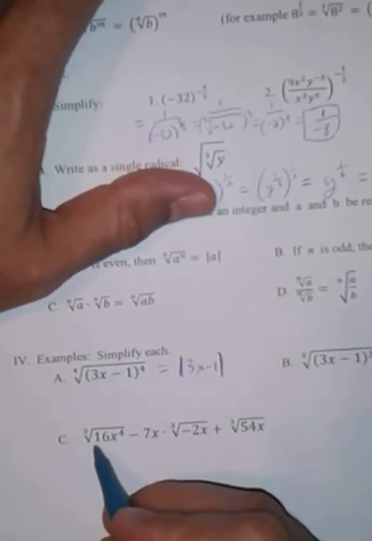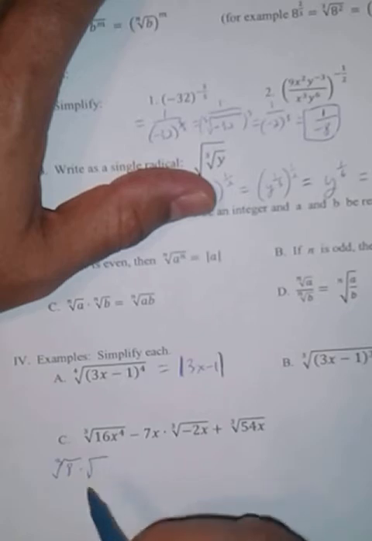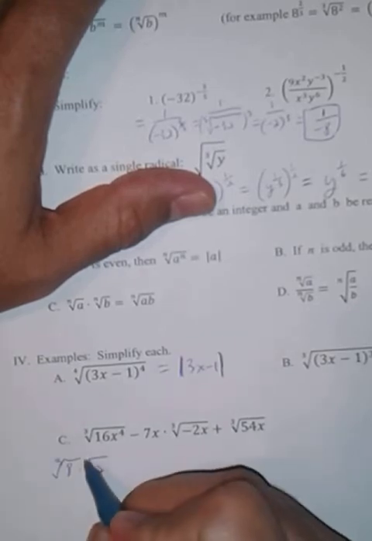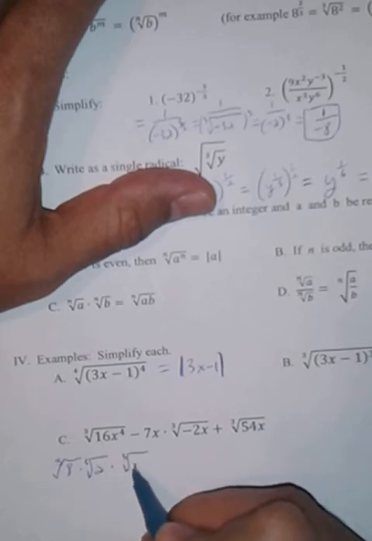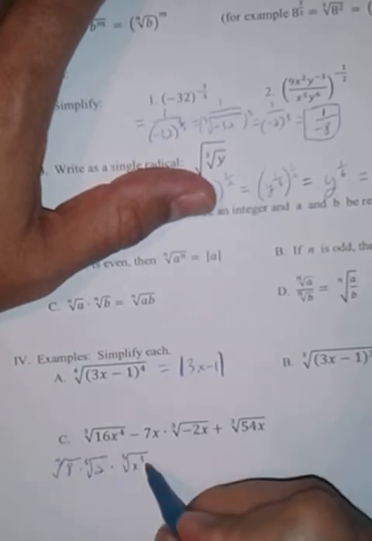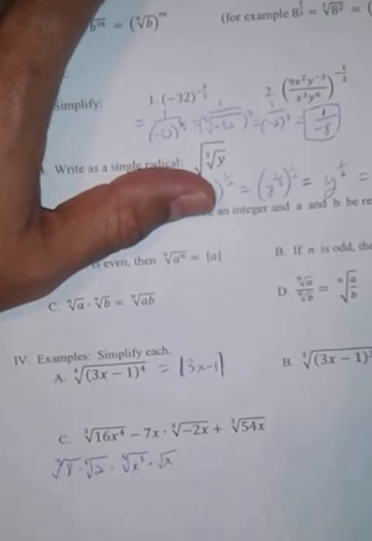Well, if we look at the cube root of 16x to the 4th, that's like taking the cube root of 8 times the cube root of 2, that's the cube root of 16, times the cube root of x to the 3rd times the cube root of x. Yeah, that would be the cube root of x to the 4th.